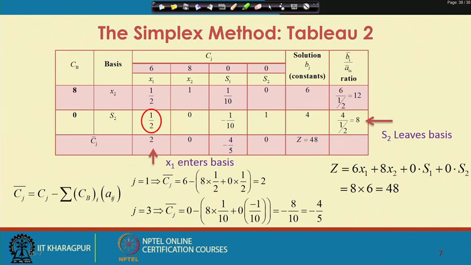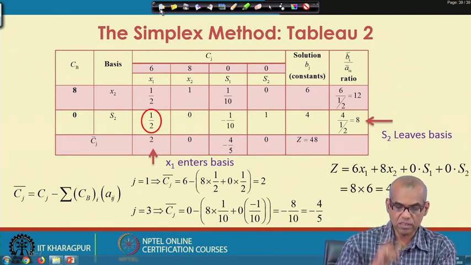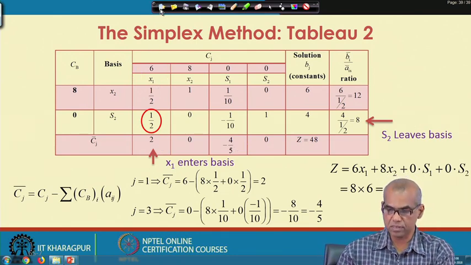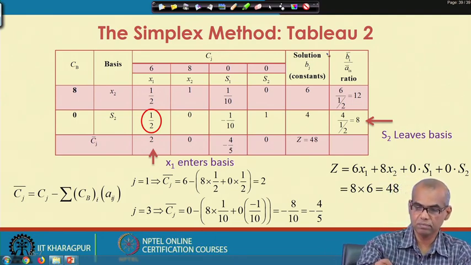So, the relative profit coefficients are obtained as 2 and minus 4 by 5. So, most positive is 2. So, that corresponds to non-basic variable x1. So, x1 will enter basis. So, once we determine x1 enters basis, let us find out bi bar divided by Ais bar.